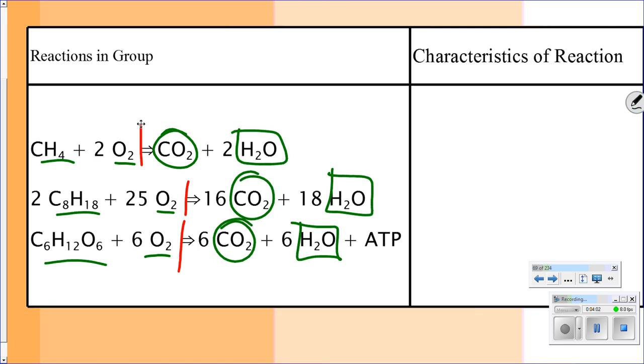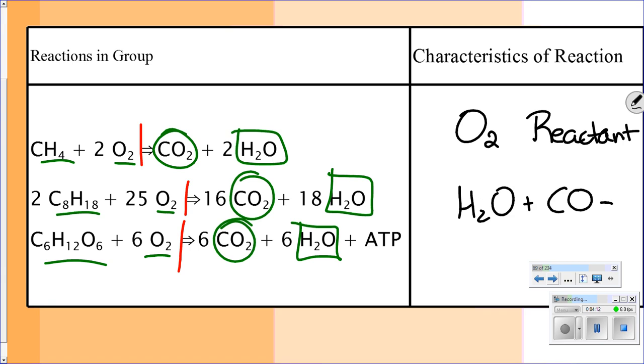So in all of these reactions, we have an O2 reactant, and we have both CO2 and H2O as products. This is actually a very important reaction in our world. The last one is showing what happens in the mitochondria of your cells to produce ATP.